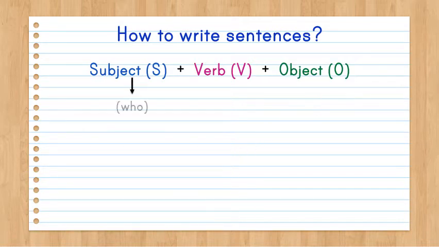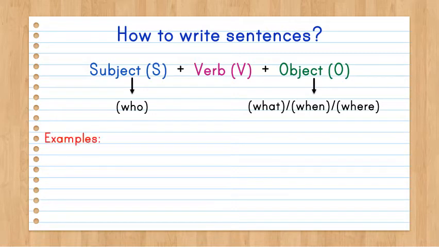So subject here is who. Who are we talking about? And objects usually answer the questions what, when, and where. Here are examples. Ben is watching TV. Ben is the subject, is is the verb, and watching TV is the object.